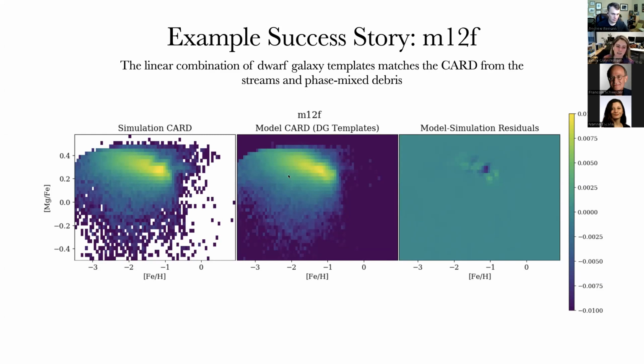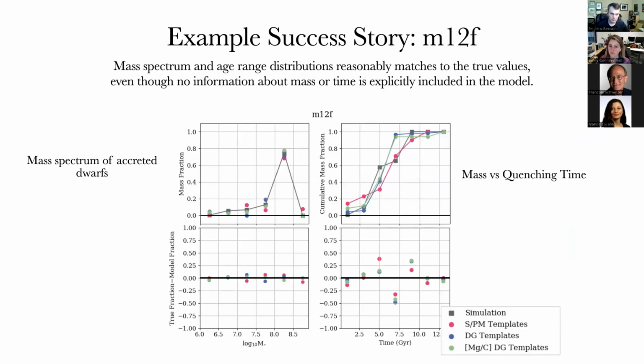Just to clarify, the stellar halo is phase-mixed debris and streams in this simulation, and the model is created from templates of just satellites, so just dwarf galaxies. And we find that we get a very good model. And promisingly, if we want to infer properties of the assembly history, here is the mass spectrum of accreted dwarfs: the mass of accreted dwarfs as a function of what fraction of mass each contributed to the total stellar halo.